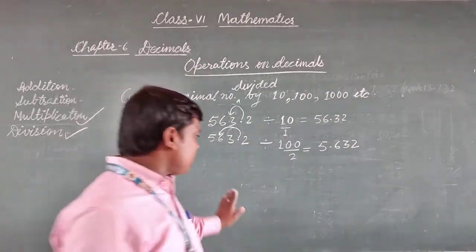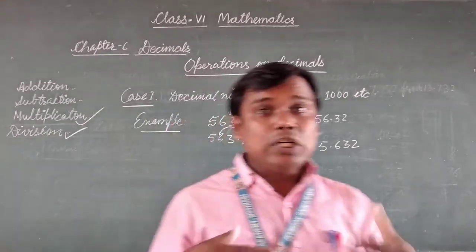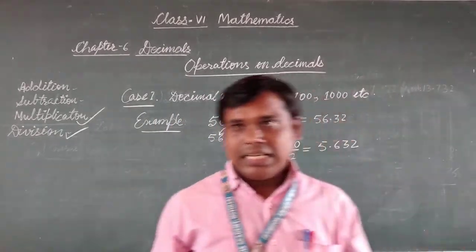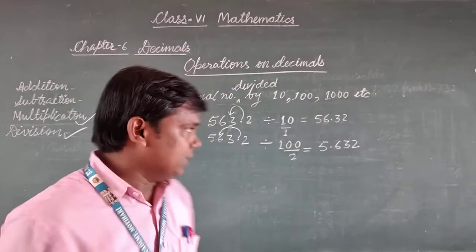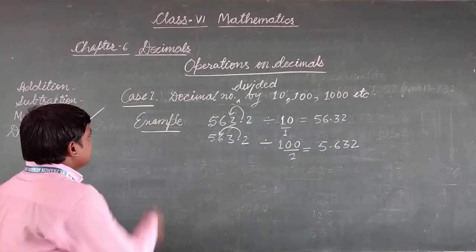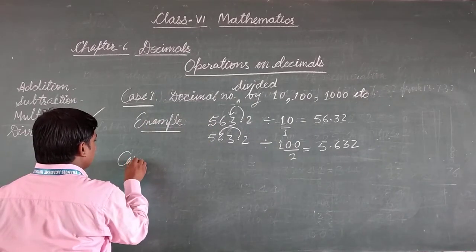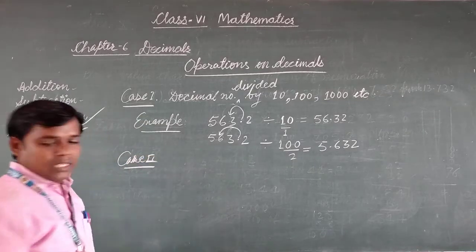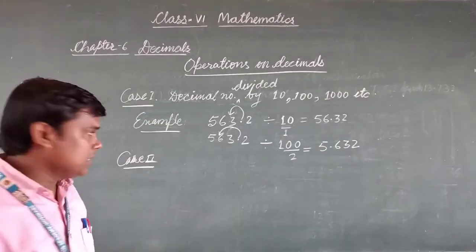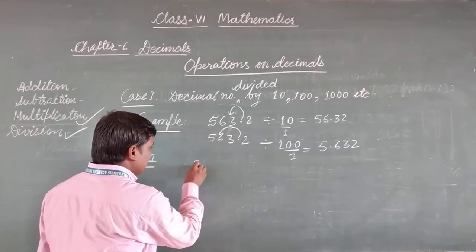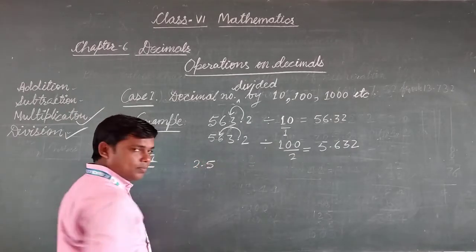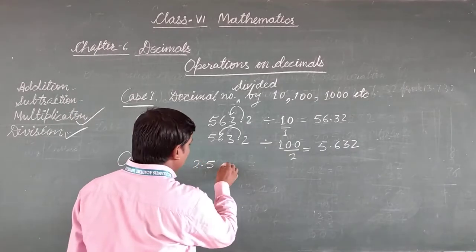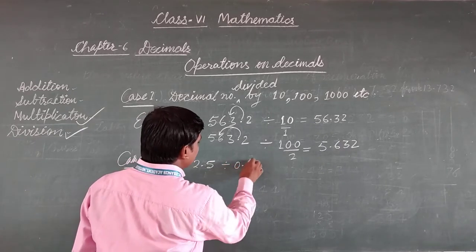Now, when we have to divide two decimal numbers, how will you divide? If we have two decimal numbers, how will we divide? Suppose we have 2.5 and we have to divide it by 0.5.